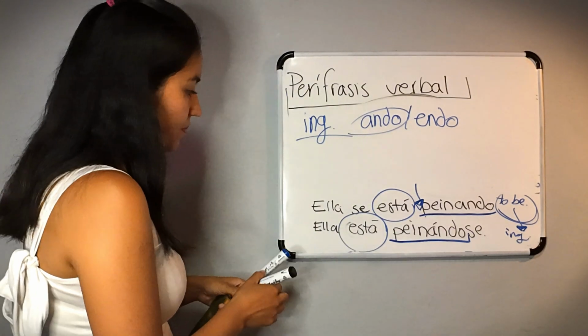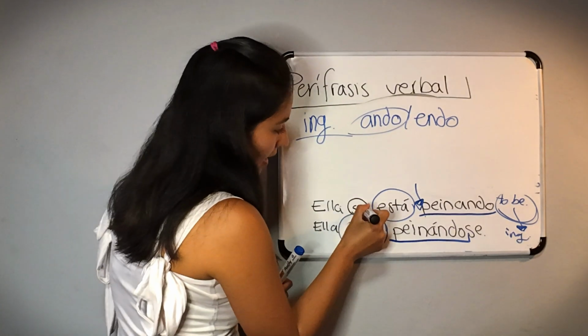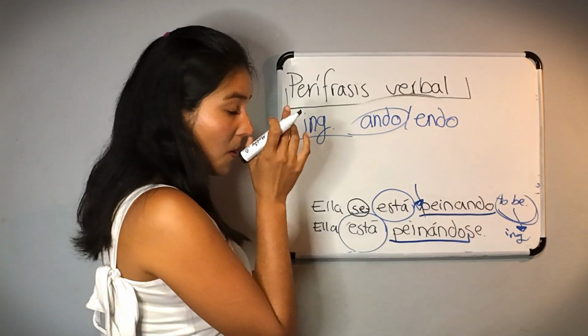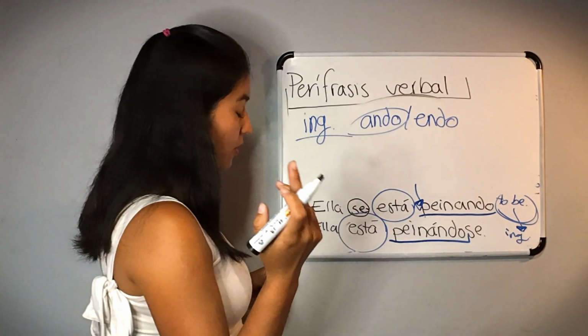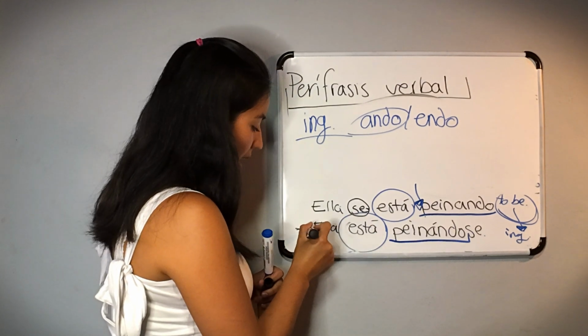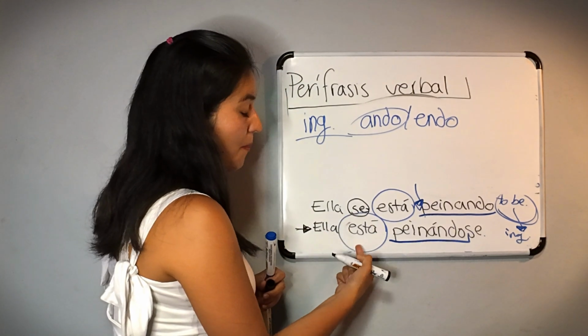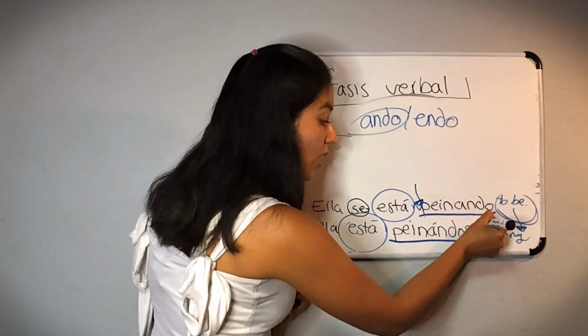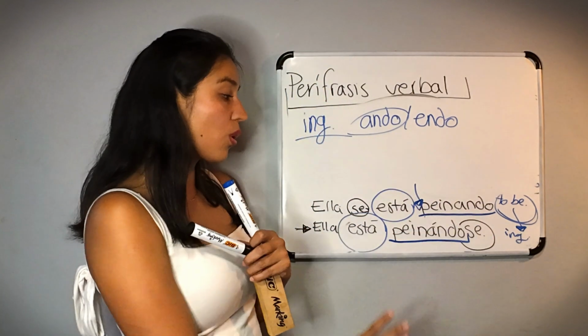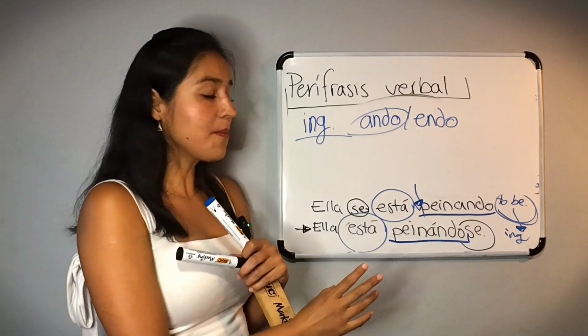What's going to happen? Well, ella se está peinando. It's actually pretty normal. But something here you have to check is when you use this one, ella está peinándose, it goes at the end and goes together. You cannot just put it like as another word. Has to go together. Yeah?